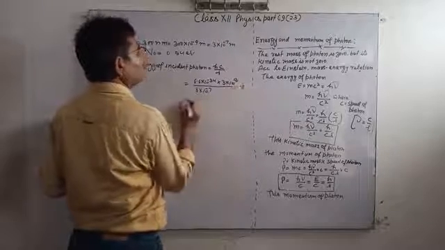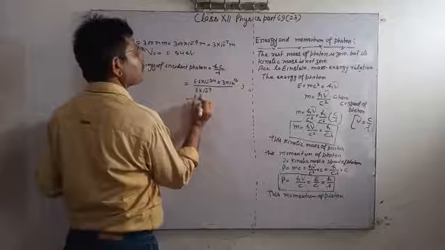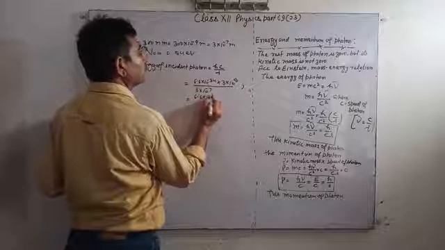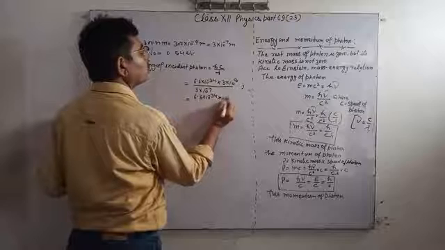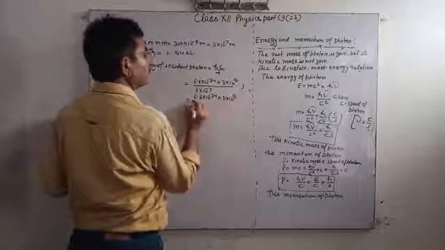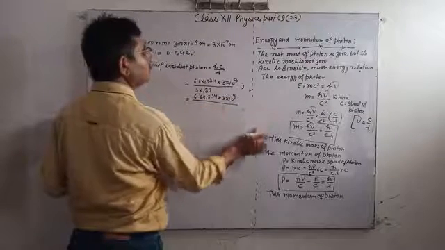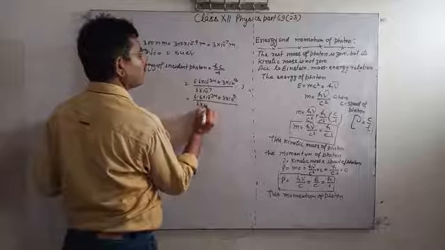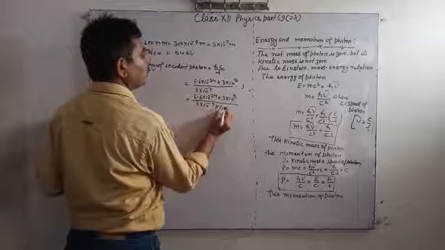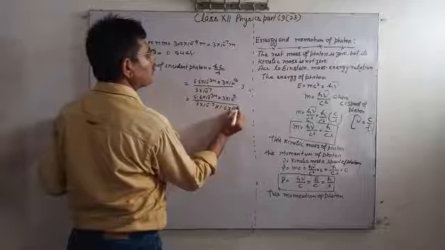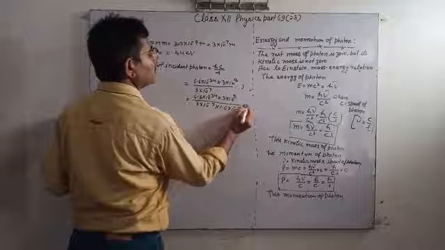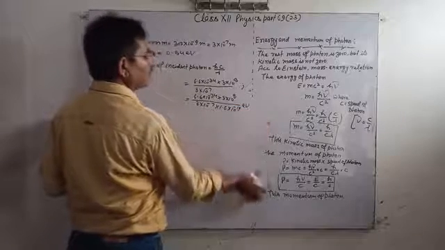This will be in joule, but 6.6 into 10 power minus 34 into 3 into 10 power 8 divided by 3 into 10 power minus 7 into 1.6 into 10 power minus 19, then this will be in electron volt.